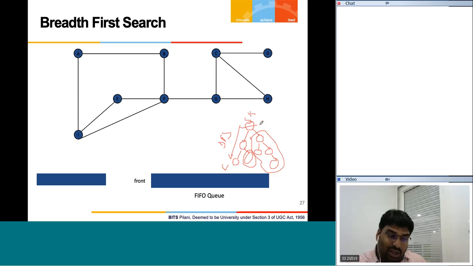Then he gets to some other point, and he would like to explore all the places in and around that too. If he is traveling level by level, then we call it a breadth first search. Have you understood that? If you are traveling in a graph level by level, I can say it is a breadth first search. And if you are traveling in a particular direction till you reach a dead end, you call it depth first.